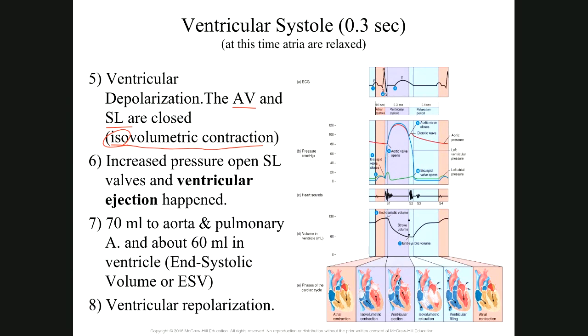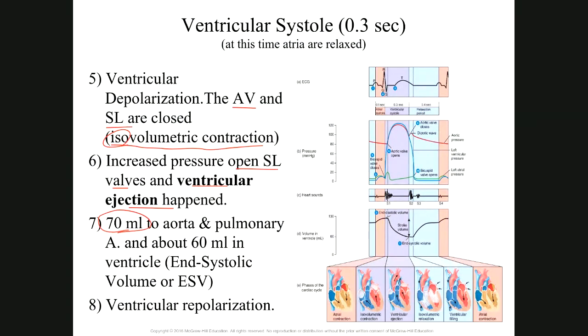And when the pressure of the blood increases and increases in our ventricles, the pressure can open the semilunar valve and the ventricular ejection can happen. When we have ventricular ejection, about 70 milliliters of blood go to the aorta from the left ventricle and 70 milliliters of blood go to the pulmonary trunk from the right ventricle.